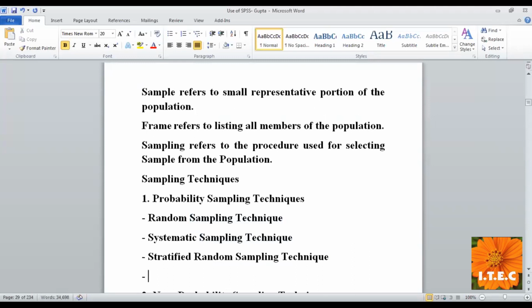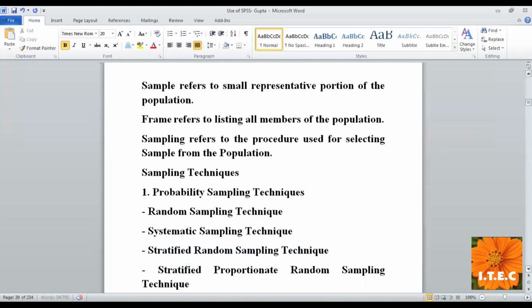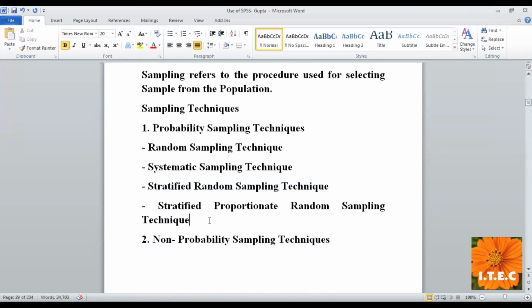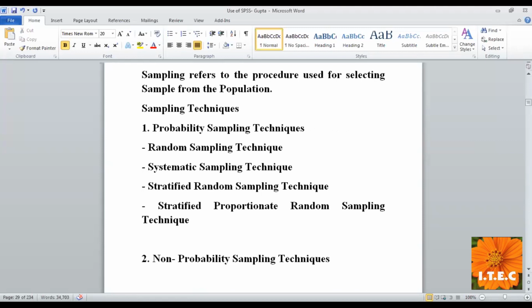And another called stratified proportionate random sampling technique, and another is called the cluster sampling technique.